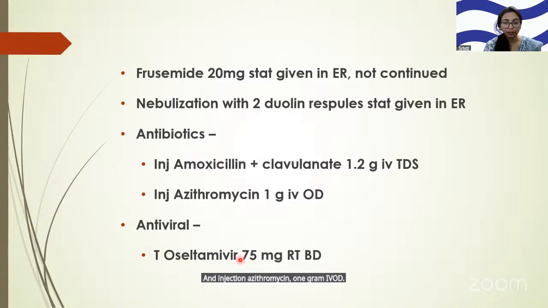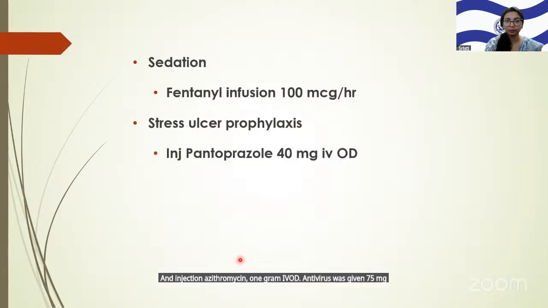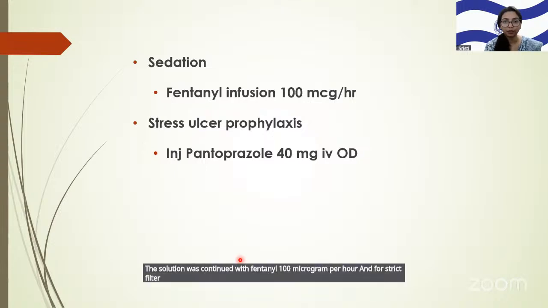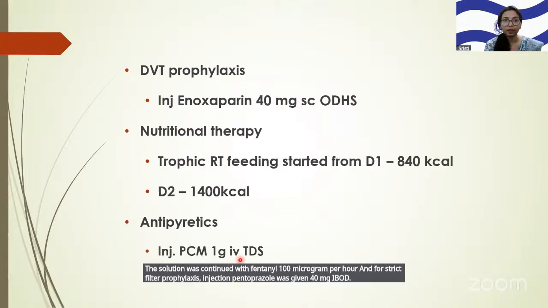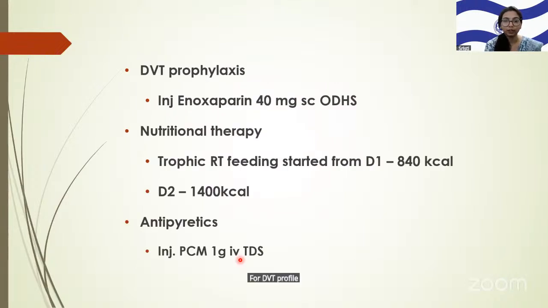Antiviral tab oseltamivir was given 75 milligram RT BD. The sedation was continued with fentanyl 100 microgram per hour, and for stress ulcer prophylaxis, injection pantoprazole was given 40 milligram IV OD. For DVT prophylaxis, injection enoxaparin 40 milligram subcutaneous OD was continued.